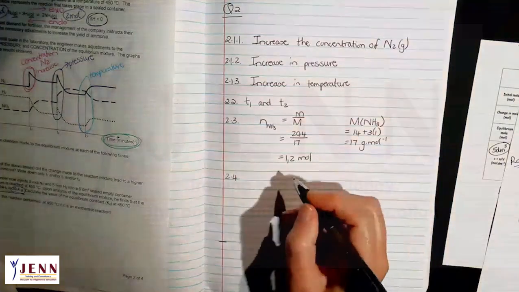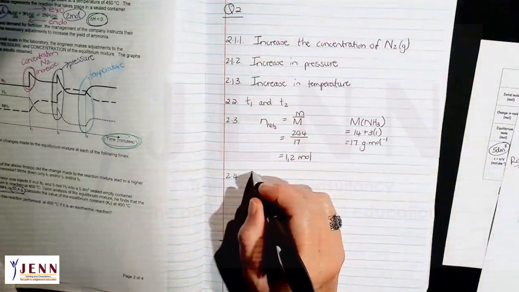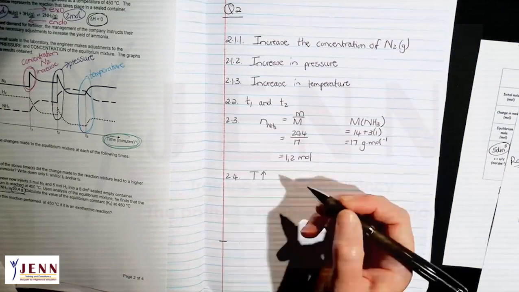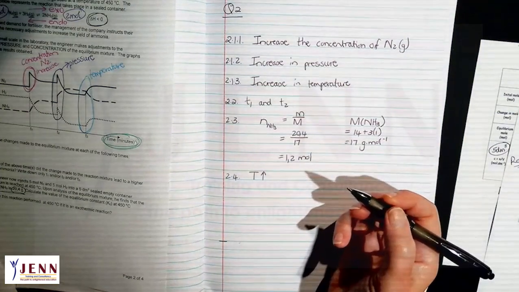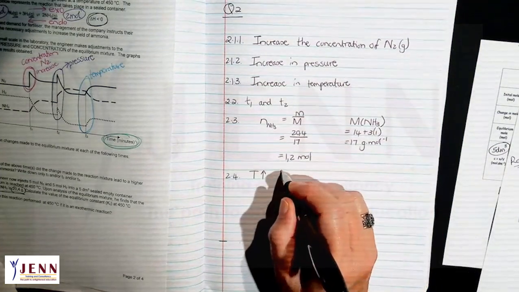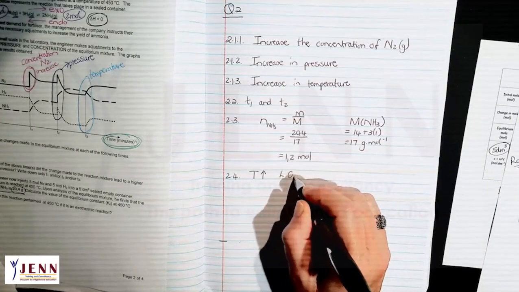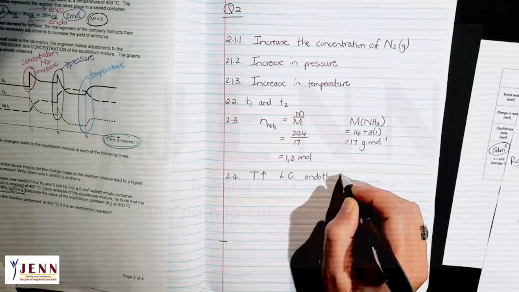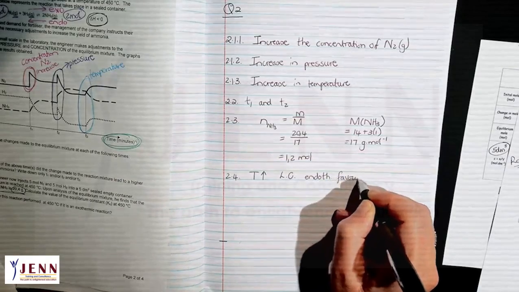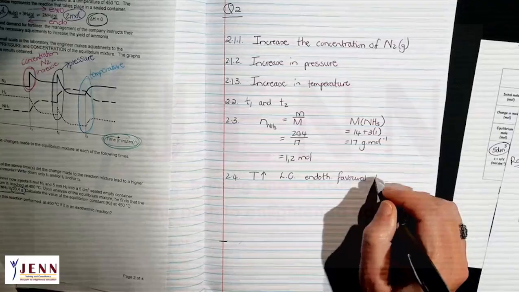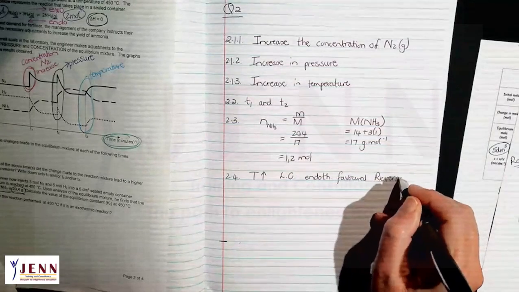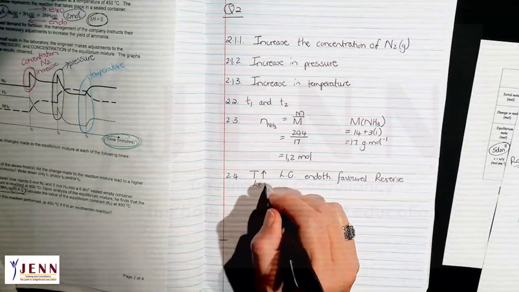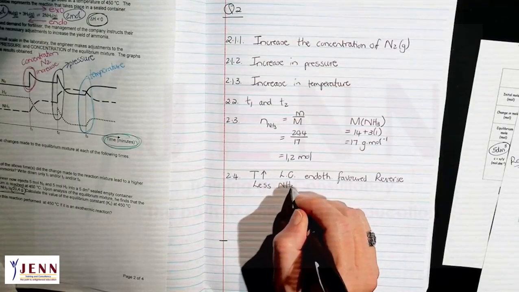Usually we will say, just in shorthand, if there's an increase in temperature, because 450 is high, according to Le Chatelier's principle, the endothermic reaction is favored, which in this case will be the reverse reaction, which will give you less NH3.